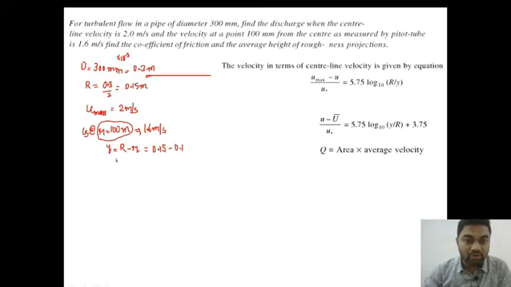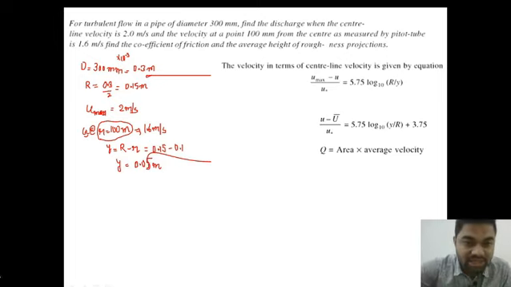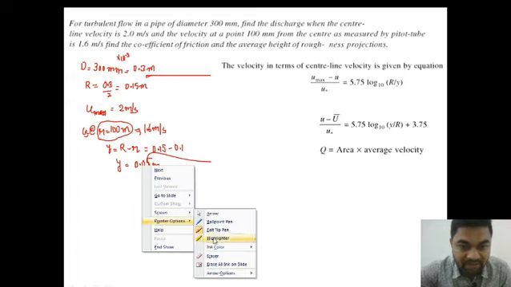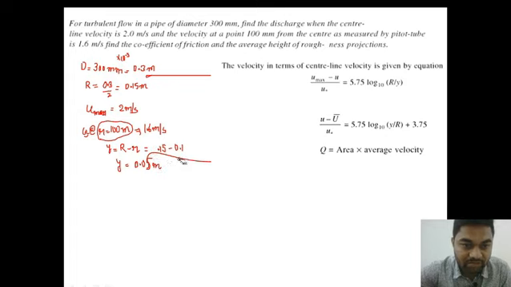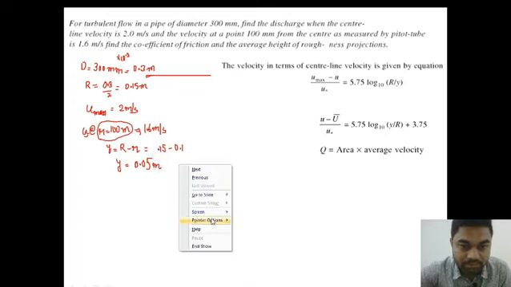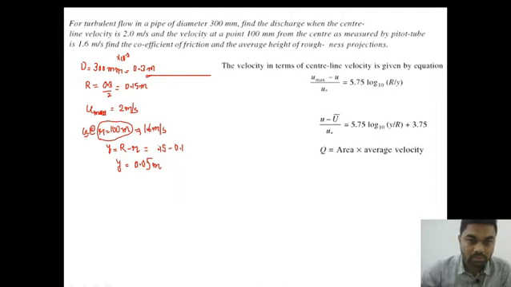So the value of y, the distance from the pipe wall, is 0.15 minus 0.10, which is 0.05 meter. So this is the distance from the pipe wall.